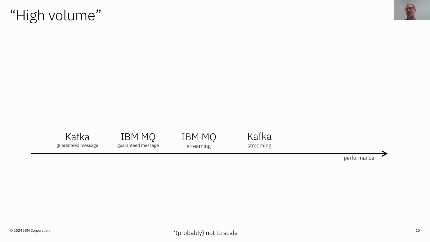And you can do event streaming to a degree with MQ. It's harder. The APIs aren't really designed for it, and as a result you'll see the performance being less good from a streaming scenario perspective. However, if you want to do guaranteed message delivery and reliable communication of data between applications, what we see is that actually, and these are obviously very relative pictures, I haven't got any specific numbers to show here because it's very hard to compare this, MQ is actually faster, right?